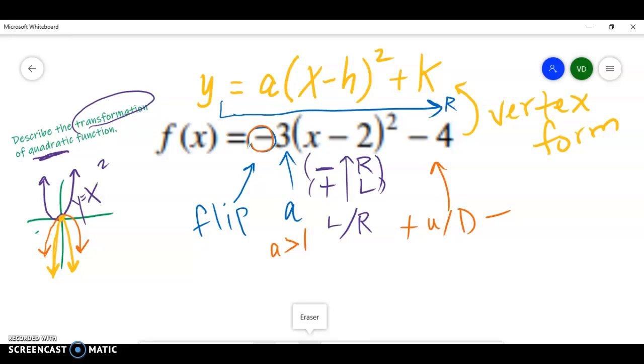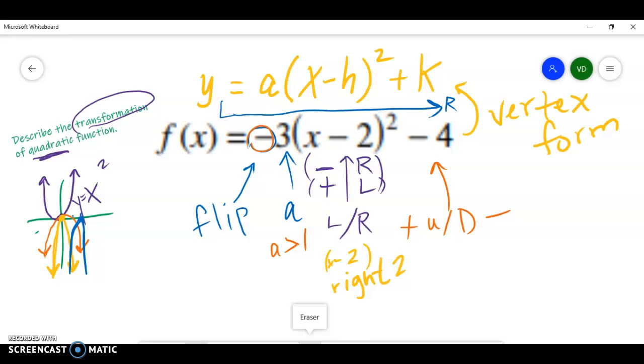Now I'm going to start moving it left, right, up, and down. I have a -2 inside parentheses, x minus 2. So that means it's going to go right 2 times. I take my vertex, and it's still flipped down, tall and skinny, and it's going to the right 2 times. So now my vertex is here.